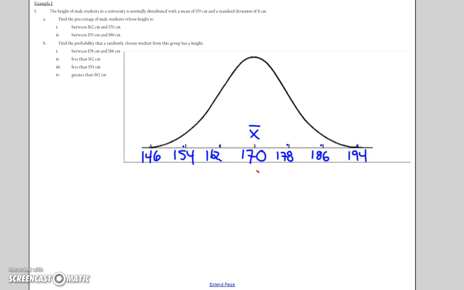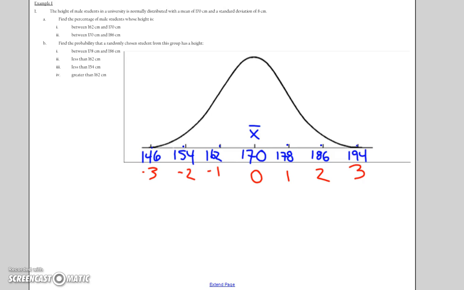But more importantly, what I want to note is, if this is our neutral point 0, and this is where we're going to really get at with putting stuff in, then 178 is 1 standard deviation above, 186 is 2 standard deviations above, and 194 is 3 standard deviations above. The left-hand side goes -1, -2, and -3 likewise.